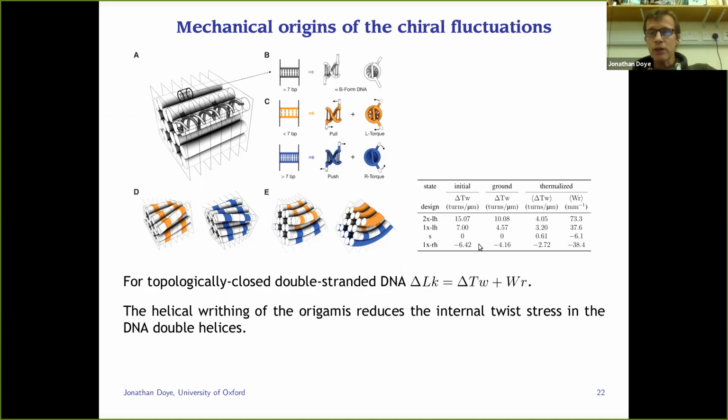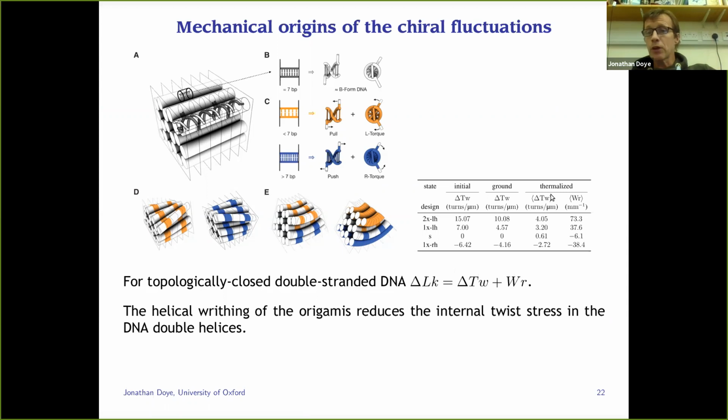And if you have undertwist in the individual helices, then what could happen to reduce the stress in those helices is a negative writhe. That will reduce the undertwist in the system, because if this linking number difference is roughly conserved, though not perfectly, you can see how a negative writhe will have the effect of reducing the twist and the undertwist in the system.